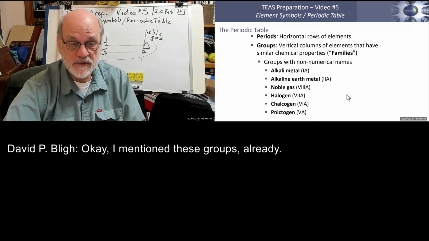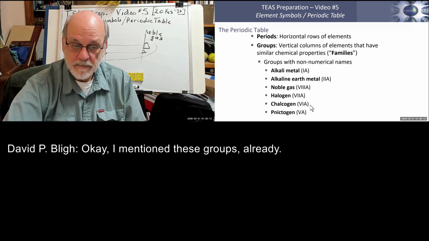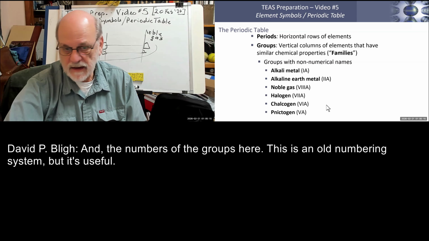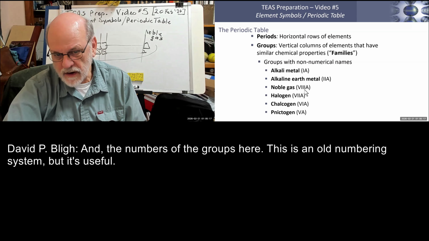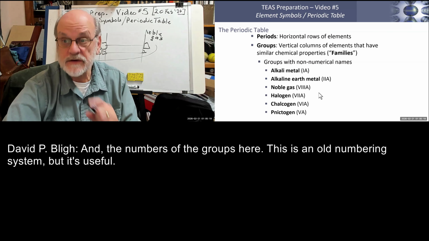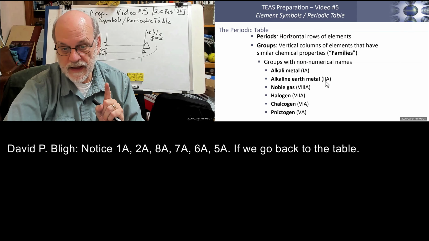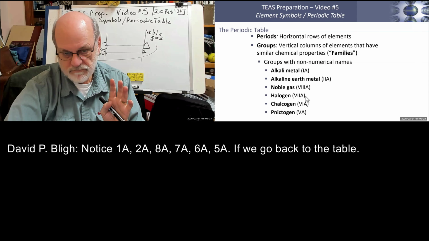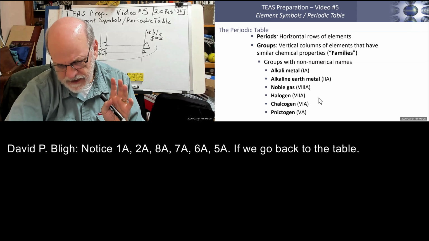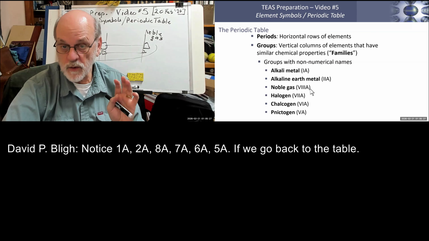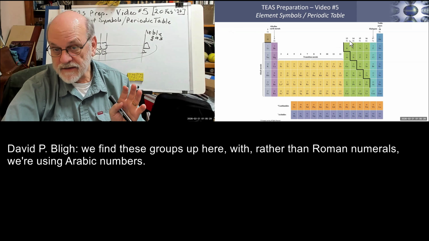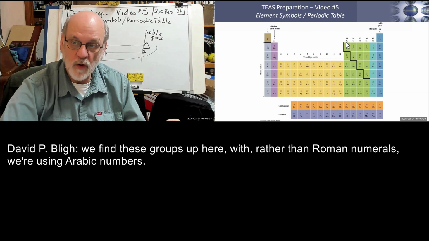Okay, I mentioned these groups already, and the numbers of the groups here, this is an old numbering system, but it's useful. Notice 1A, 2A, 8A, 7A, 6A, 5A. If we go back to the table, we find these groups up here with Arabic numbers rather than Roman numerals.